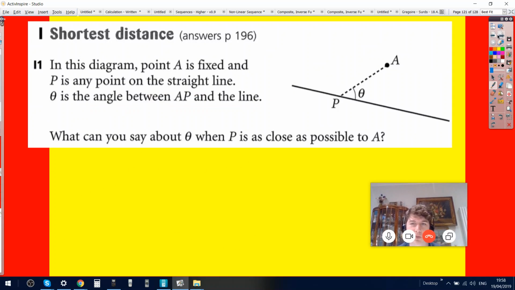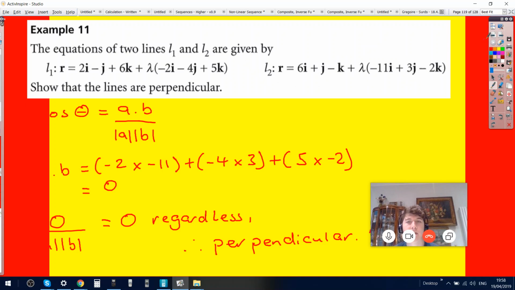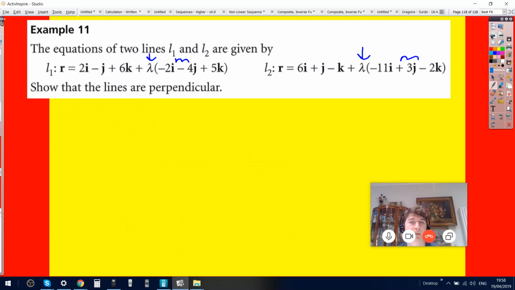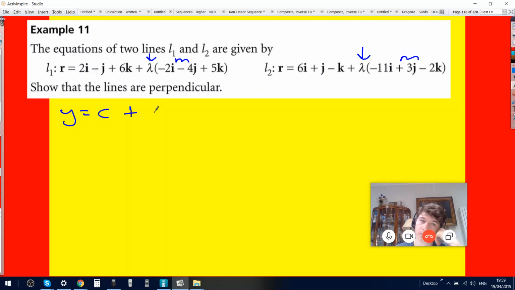How would we know which ones are x and c? The one that's not being multiplied by anything is c, and in this case, lambda is used as x. You can imagine it as y equals c plus xm.